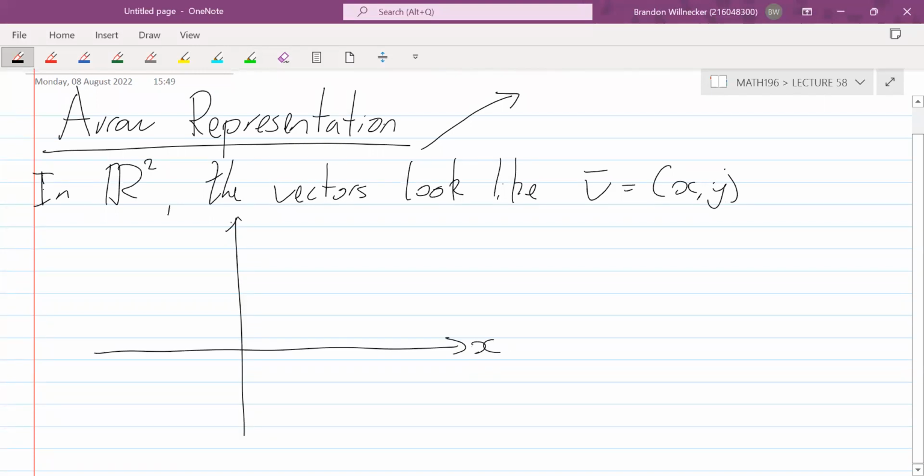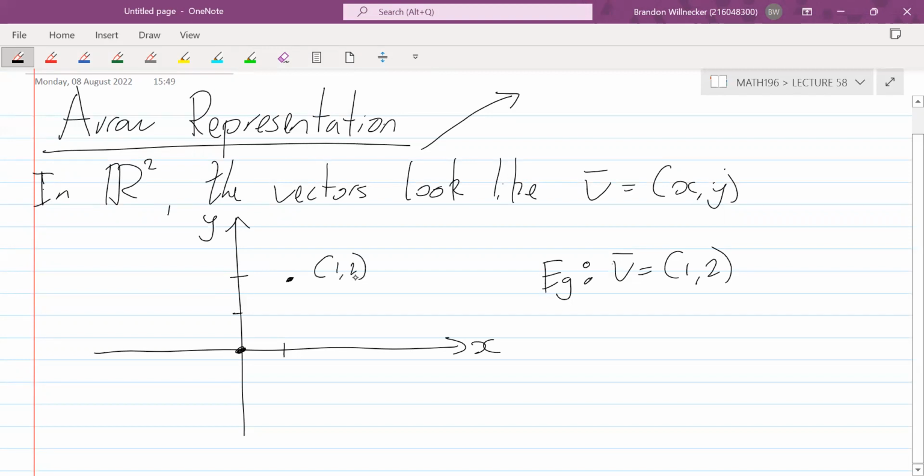We've got the x and the y. We start off at the origin. That's the base of the arrow. And we look at the vector as a point. So example, v equals 1, 2. The x part is 1, so we move across 1. And the y part is 2, so we move up 2. And that gives us this point here, 1, 2.